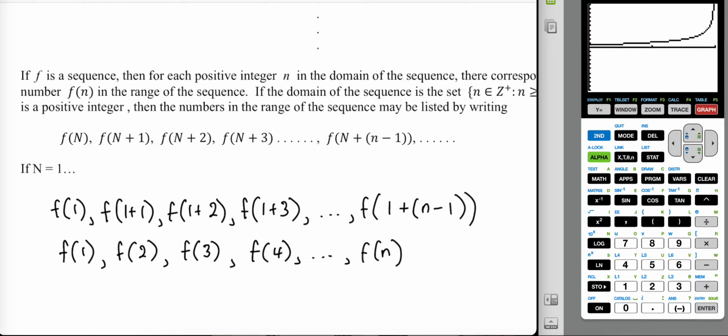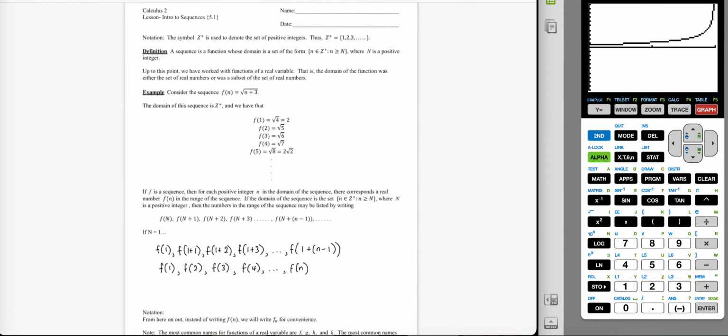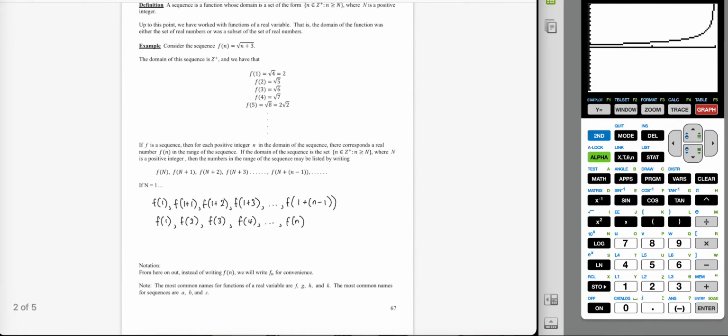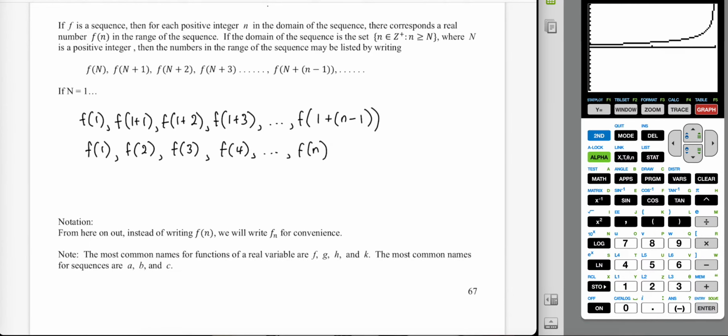So whatever the nth value is, that would dictate what that last term ought to be based off of the substitution. Instead of writing f of n, we'll write f sub n just to make life a little easier. We name our functions f, g, h, the same way that we normally would for ordinary functions. And common names for sequences are a, b, c, the beginning of the alphabet.